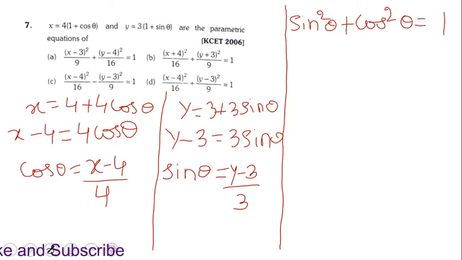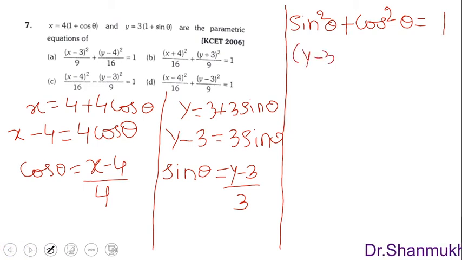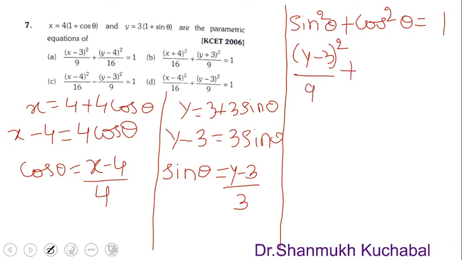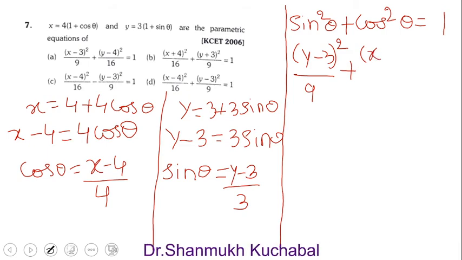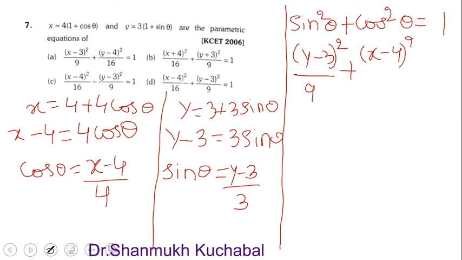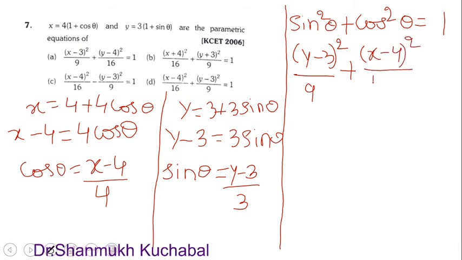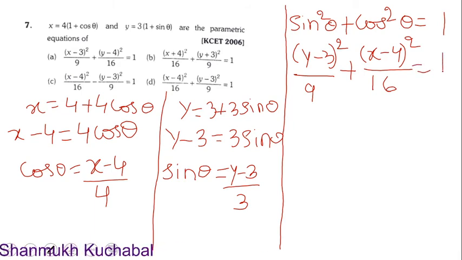Now, we know sin theta, so we substitute the sin square value. So we get y minus 3 whole square divided by 3 square, which is 9. And the cos value we know, we just take the square, x minus 4 whole square divided by 4 square, which is 16, equal to 1 here. So this we get.